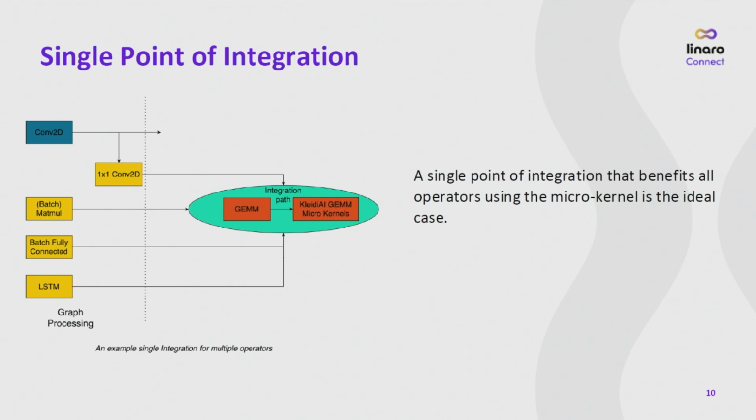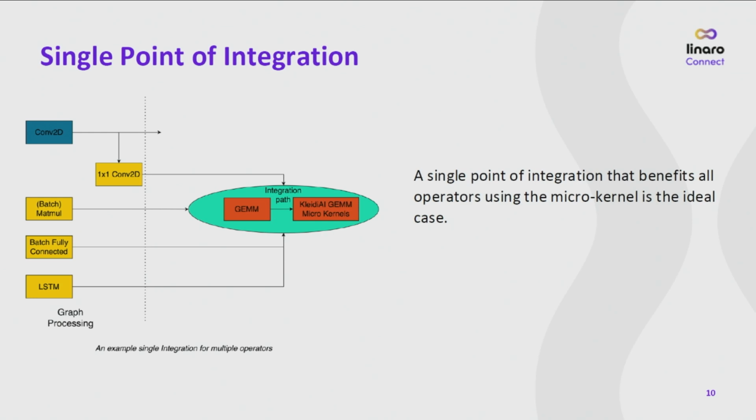This is a very rudimentary picture that I drew, but it tells you, for example, there are 4 operators here. You have the 1x1 conv2d case, batch matrix multiplication, batch fully connected, and LSTM. They all have matrix multiplication at their core. Ideally, we want a single integration path in the framework where you pick the GEMM matrix multiplication microkernel from KleidiAI, and you accelerate all of these 4 operators.